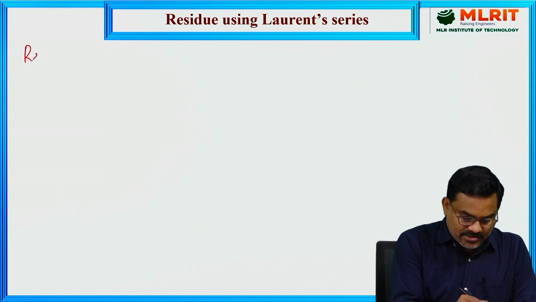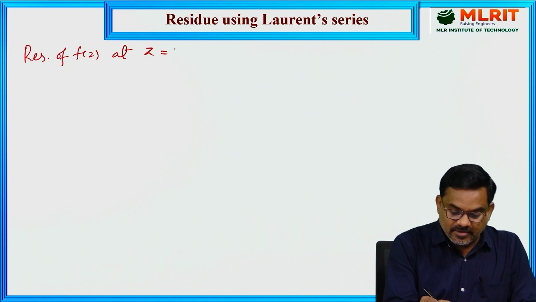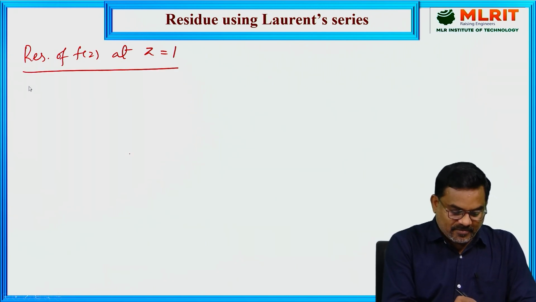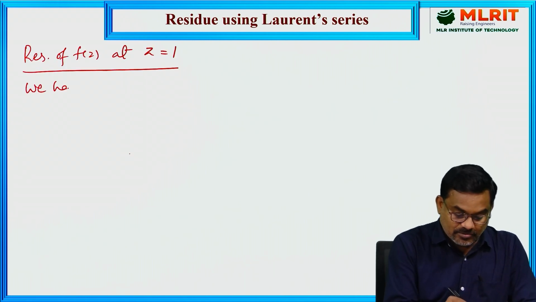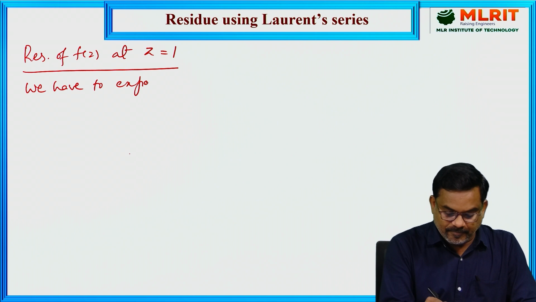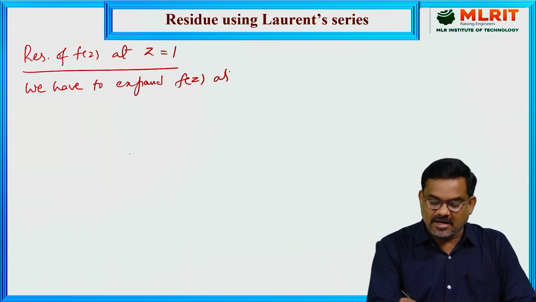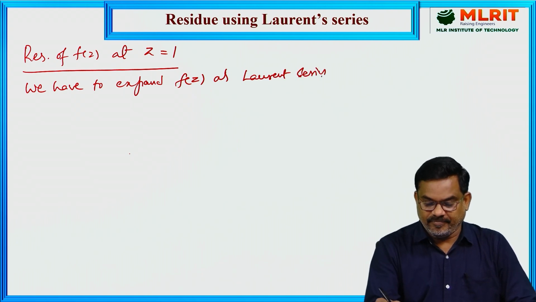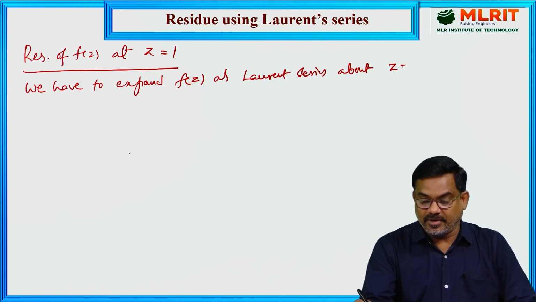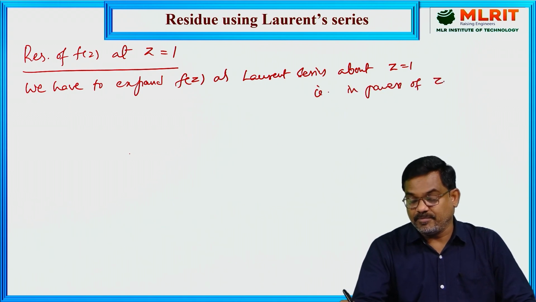First, the residue of f at z equal to 1. Here we have to expand f of z as a Laurent series about z equal to 1, that means in powers of z minus 1.